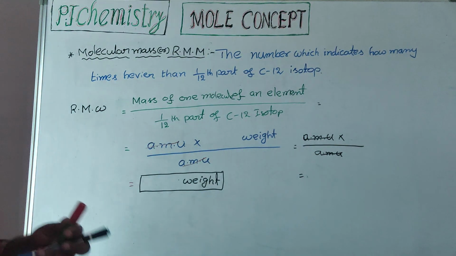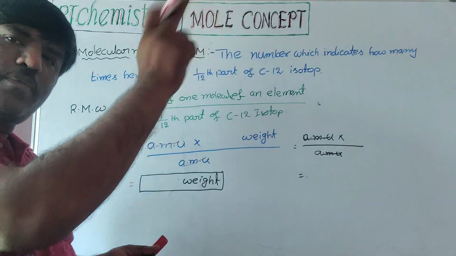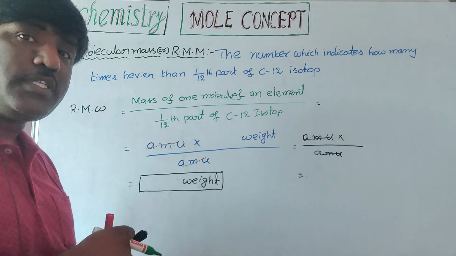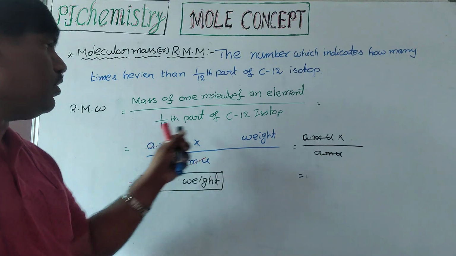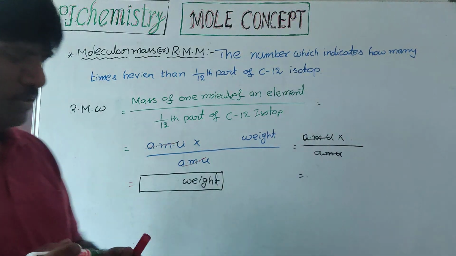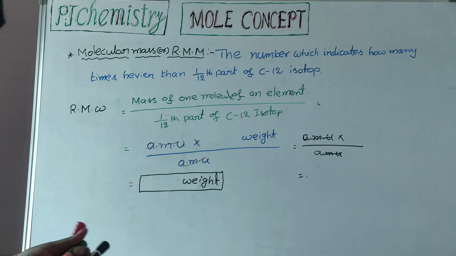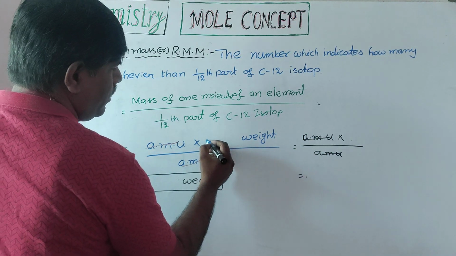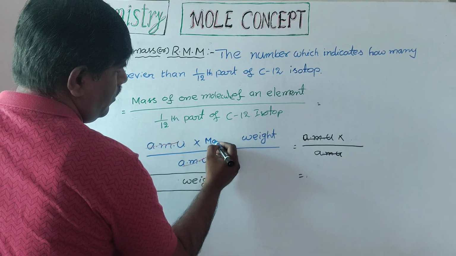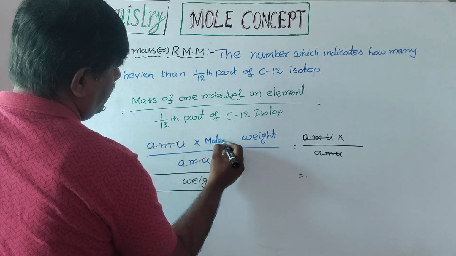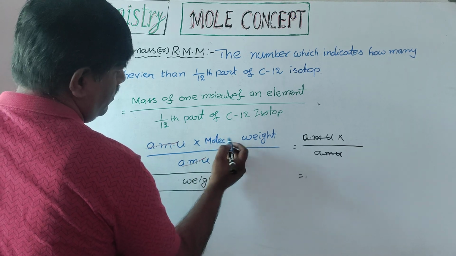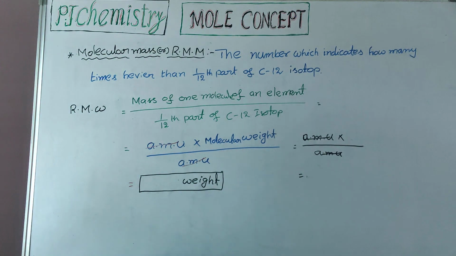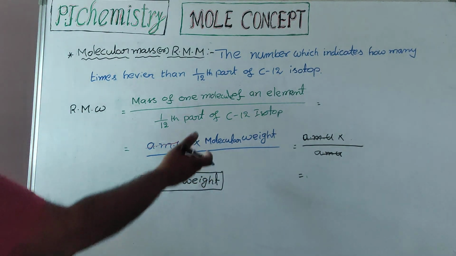To find the mass of one atom of an element, we used AMU into atomic weight. Here, what should we mention? AMU into molecular weight. Same formula.